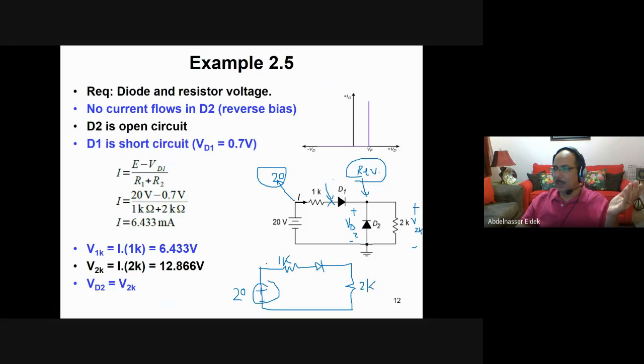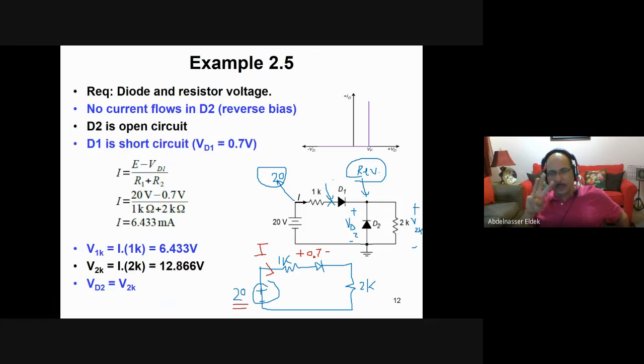And now, what is the current? I equals the total voltage divided by the total resistance. The total voltage is what? You have 20 volts, and 0.7 of them is dropped on the diode. So 0.7 volt is dropped on the diode. The 20 volts is dropped on the 1K, the 0.7, and the 2K.